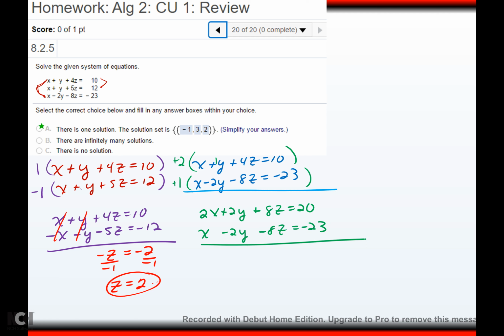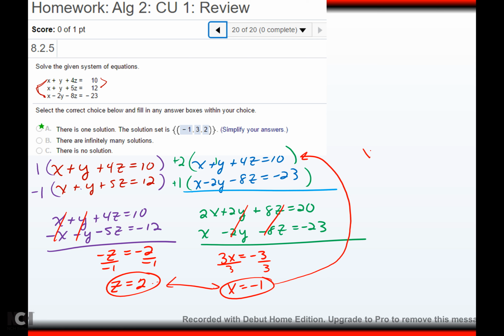And Merry Christmas, Happy Birthday to me again, because the y's and the z's cancel, which gives me 3x equals negative 3. Divide by 3, and x equals negative 1. So now that I know two of my variables, I can go plug them into one of my originals. So if I go there, I have x plus y plus 4z equals 10.